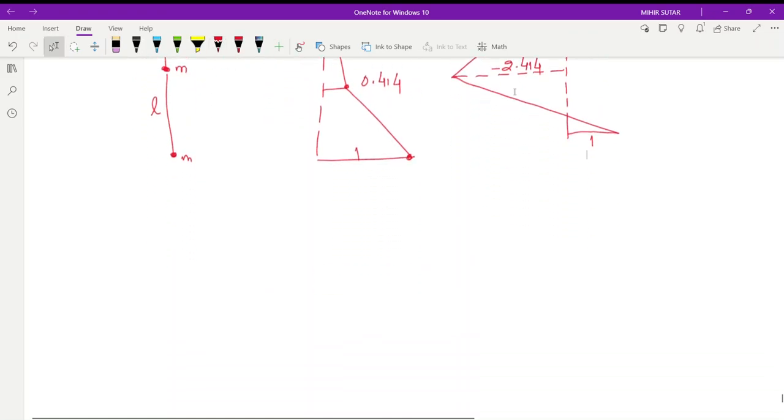Okay, for the double pendulum. So this one is the first mode, and this one is the second mode, right?